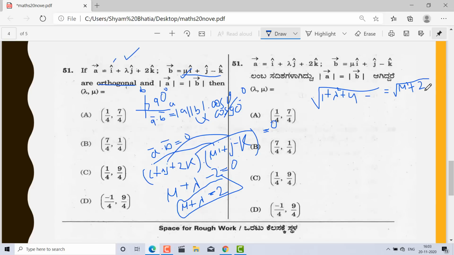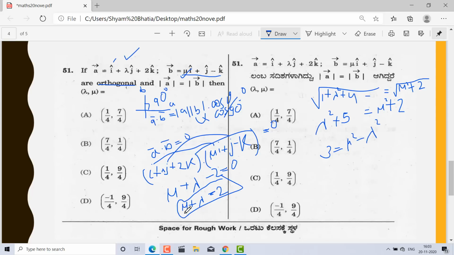After squaring both sides, you will find lambda square plus 5 equal to mu square plus 2. So finally you will get 3 equal to mu square minus lambda square, but it's quite lengthy.